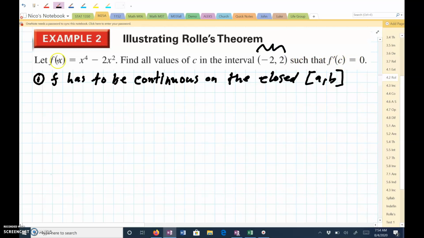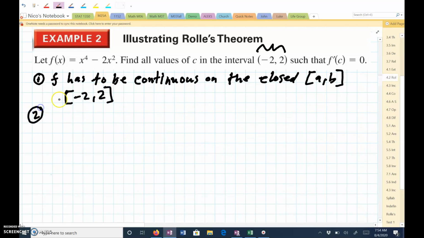So we know the domain of f. The domain of f is all reals. We just want to know where the derivative of f of c equals 0 on the open interval from -2 to 2. So we do know that f is continuous from -2 to 2. So it meets that criteria.